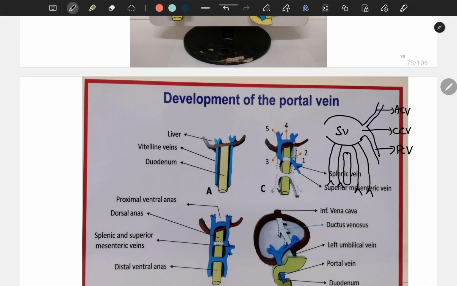and here this is duodenum. Okay. This part is umbilical vein. This part is vitelline vein. This is important in the development of portal vein. Okay.